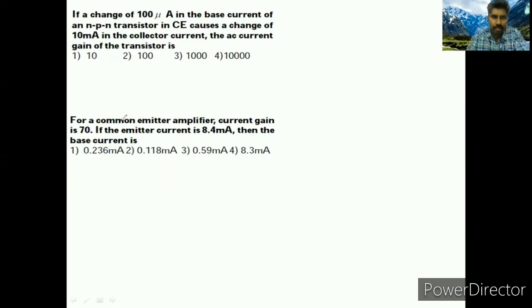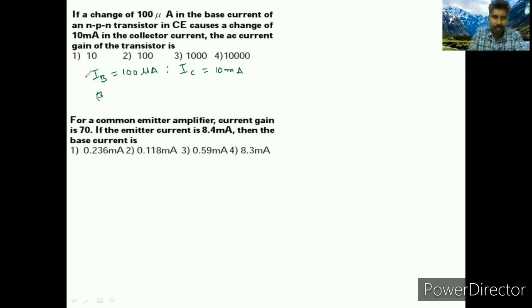Next problem. If a change of 100 microamps in base current, base current how much they gave? 100 microamps. Now an NPN transistor in common emitter causes a change of 10 milliamps of collector current. Collector current how much they gave? 10 milliamps. The AC current gain of the transistor is equal to. So here we need to calculate beta.